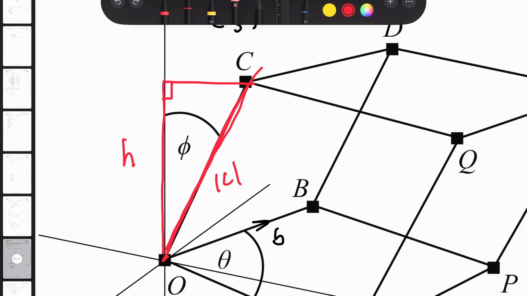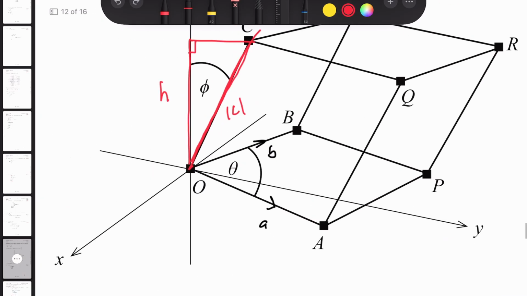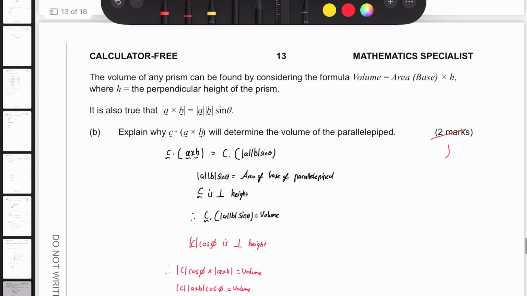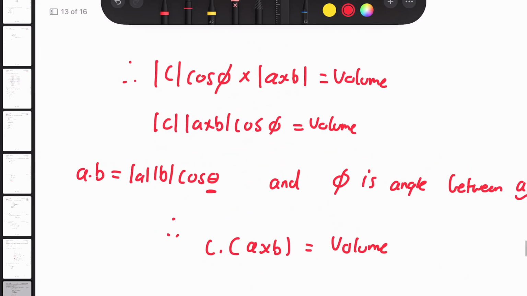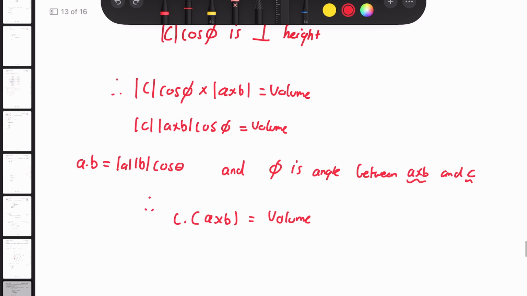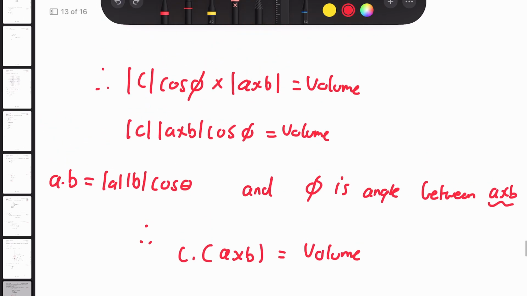Well, not theta, but yeah, it would also be phi. So it is the angle between a times b and c. I thought that's very cool. So that's how you could use it as a dot product, because normally theta is the angle between these two vectors. In this case, we have a vector c and a vector a times b, but if you do a dot product between them, you actually get the volume. So that's very cool.